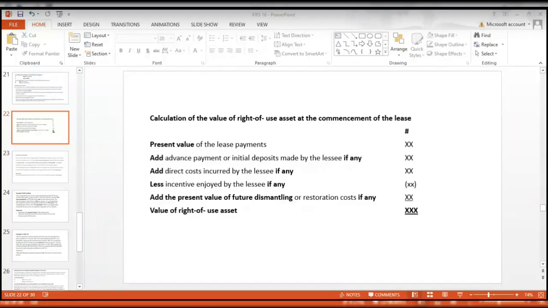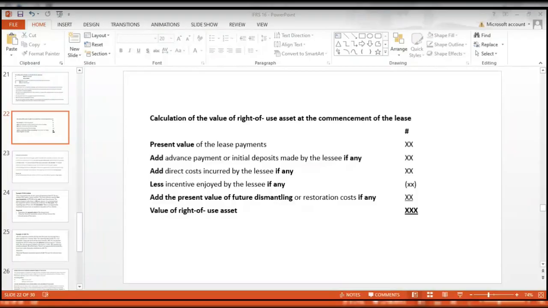So in calculating our right of use asset, the information that is relevant is the following. We have the present value of the lease payment. Let me bold this. The present value of the lease payment, which is how much, is what we have here. So let me put the information here.